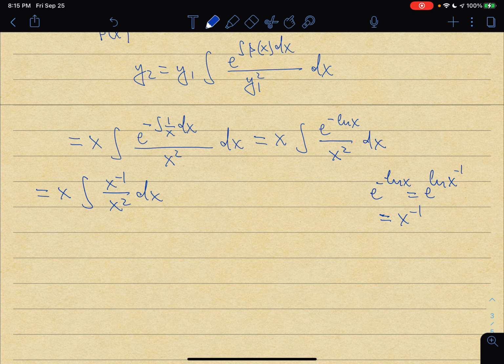I'm going to write it this way, x to the power minus 1 on the top, x squared on the bottom, so this is overall x to the power minus 3. And x integral of x to the minus 3 is x to the minus 2 over minus 2.